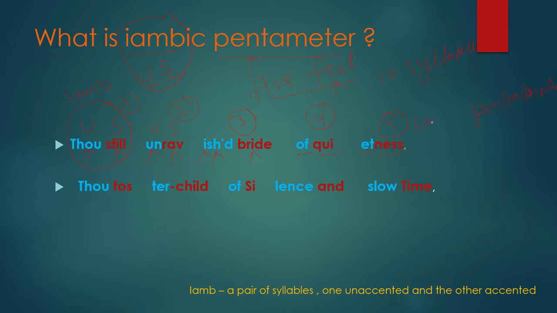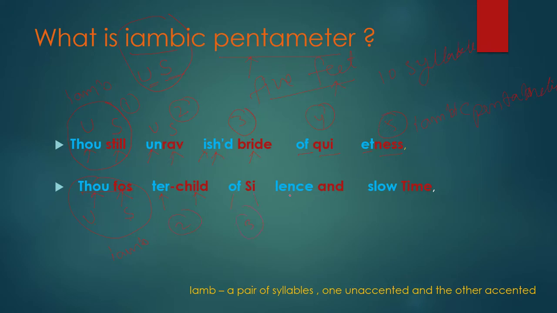Again in this line, thou, first vowel sound, another vowel sound. This is unstressed, this is stressed. So this is the first foot and it is unstressed and stressed. It's an iamb. Then the child, second iamb, of silence, unstressed, stressed.